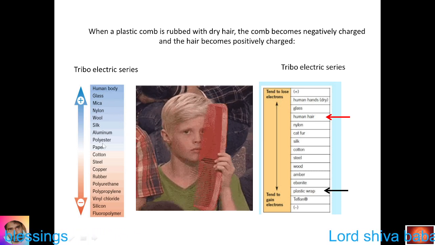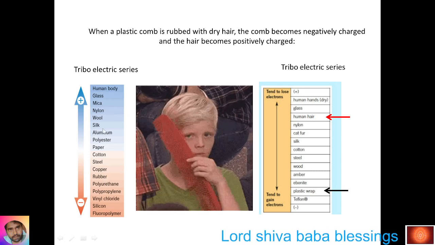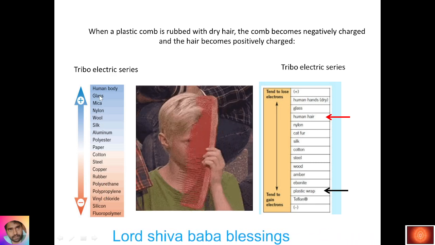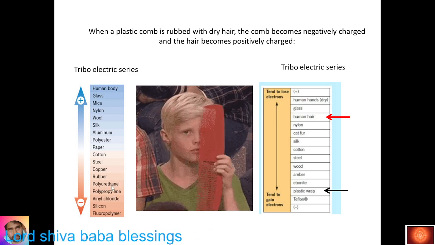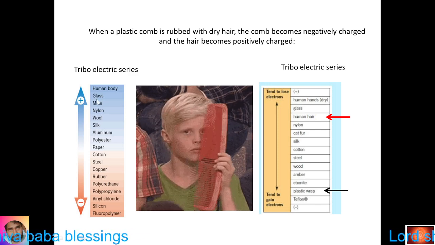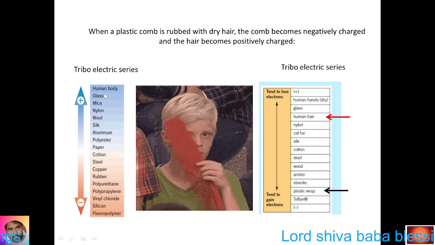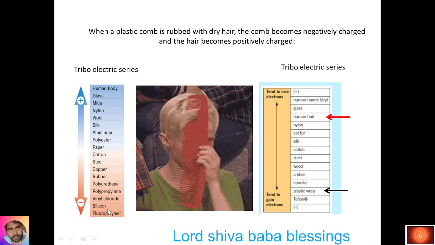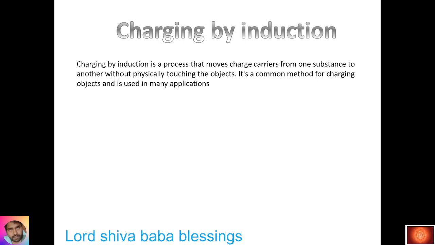This is the list where we have added some more objects. Whenever glass is rubbed against polyurethane, glass becomes positively charged and polyurethane becomes negatively charged. This is the list which you need to remember. So this is regarding charging of an object using friction.